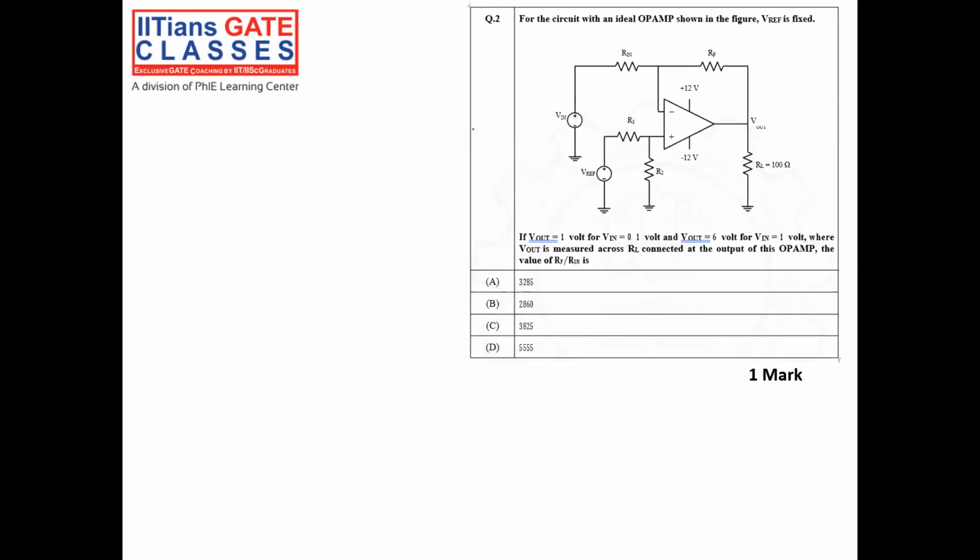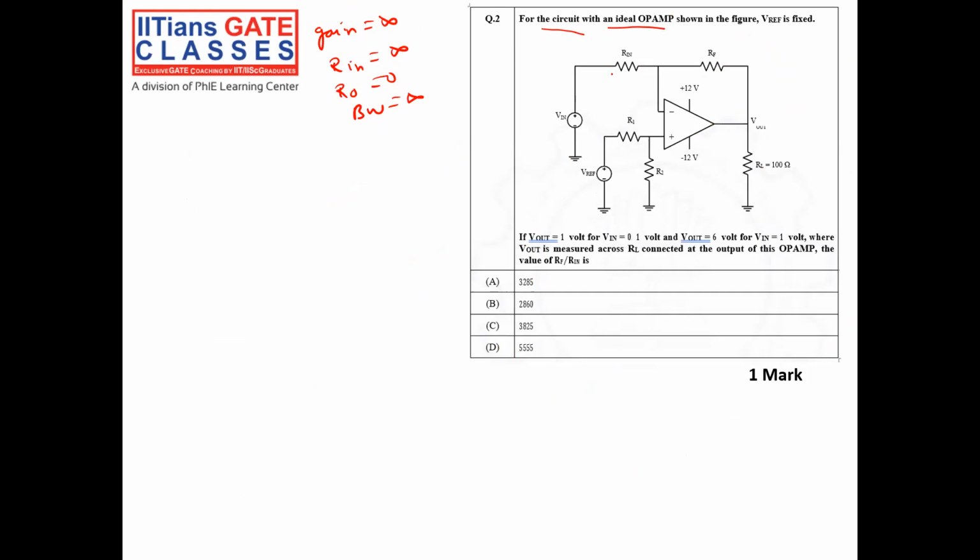See, in this question, for the circuit with an ideal op-amp, what is the ideal op-amp? An ideal op-amp has gain equal to infinity, input resistance infinity, output resistance equal to 0, and bandwidth equal to infinity. All these are characteristics of an ideal op-amp.